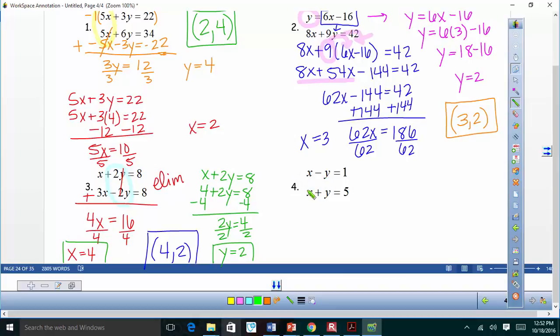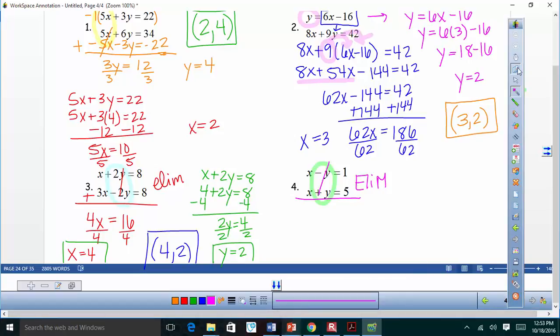That's right, Will. We don't have numbers, but there's not an x on one side by itself and there's not a y on one side by itself. But I do have a positive and a negative y. So immediately, what happens here? It cancels out.